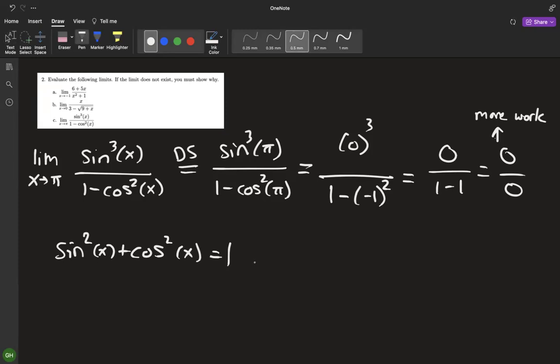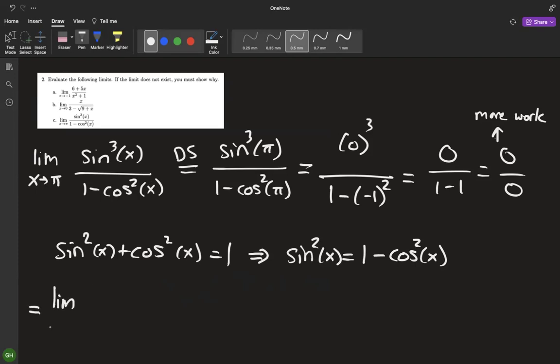Well, if this is a true statement, then it's also true that sine squared of x is equal to 1 minus cosine squared of x. I just move the cosine squared to the other side. So that means I could replace the bottom of this fraction with just sine squared.